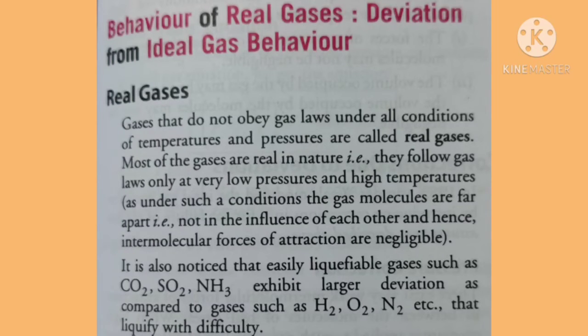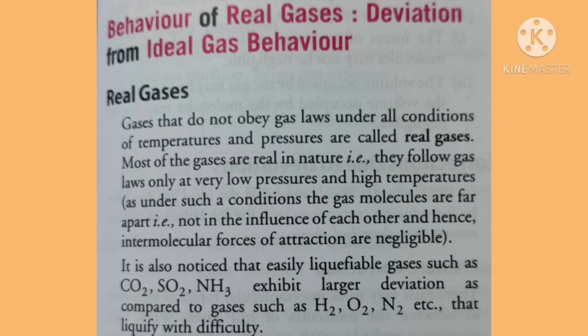Now we'll study behavior of real gases and deviation from ideal gas behavior. Actually, all the gases are real gases, but they behave ideally under certain conditions of temperature and pressure. So gases do not obey gas laws under all conditions of temperature and pressure, and that's why they are called real gases.